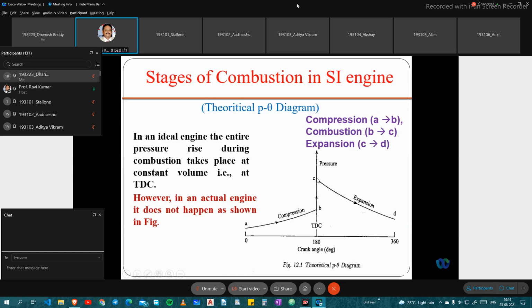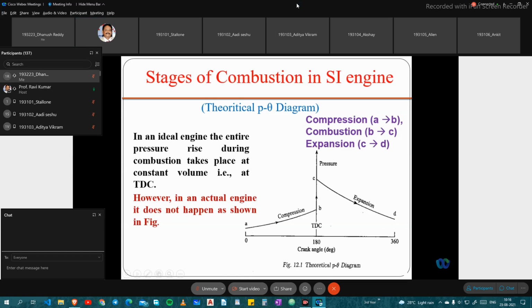B to C is the combustion, where you give the spark, and C to D is the expansion stroke. Once the combustion happens, you get an expansion stroke, and D to E is the exhaust stroke. Here we see A to B is the compression, B to C is the combustion and C to D is the expansion stroke in a theoretical diagram.